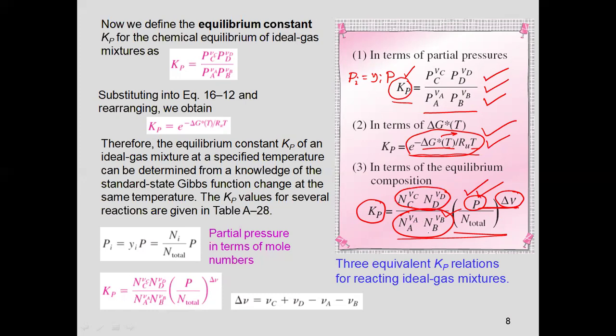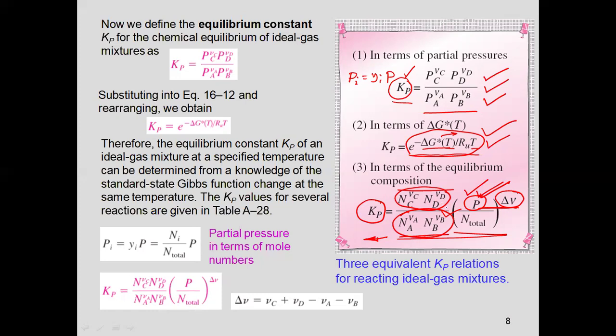So what will happen? The chemical reaction will be shifted towards the reactants. So the number of moles of reactants will increase and the number of moles of product will decrease. That is in the case when delta nu is positive.